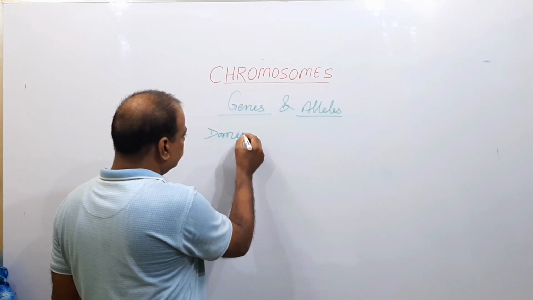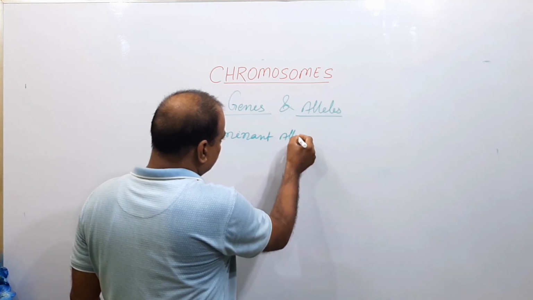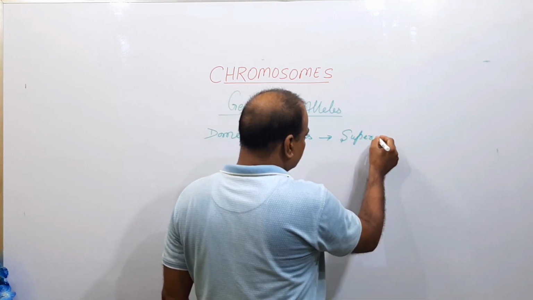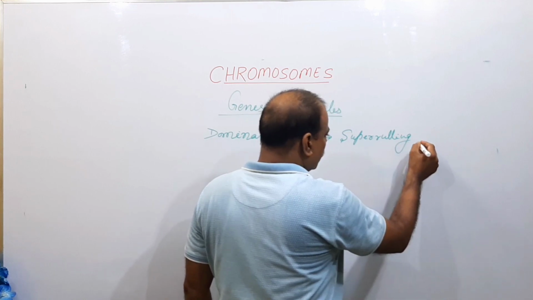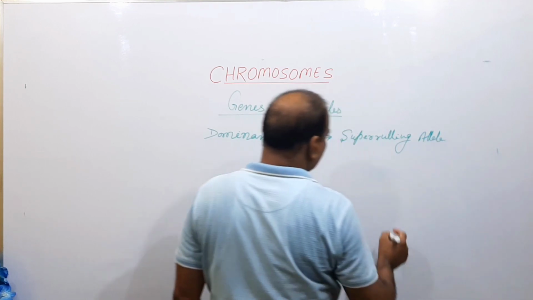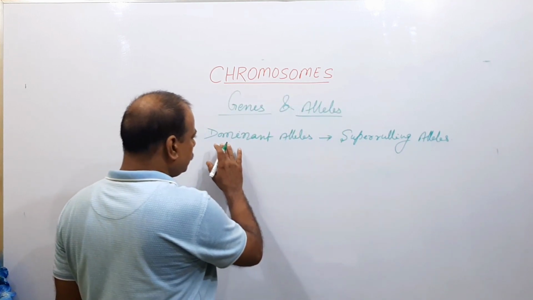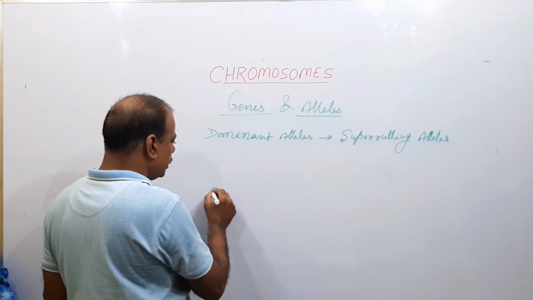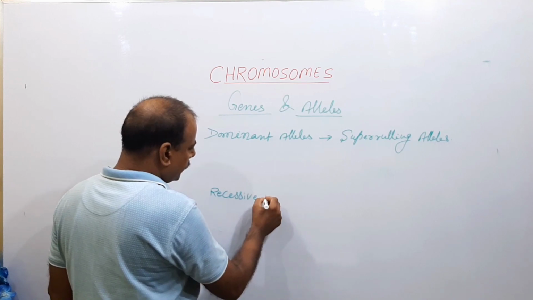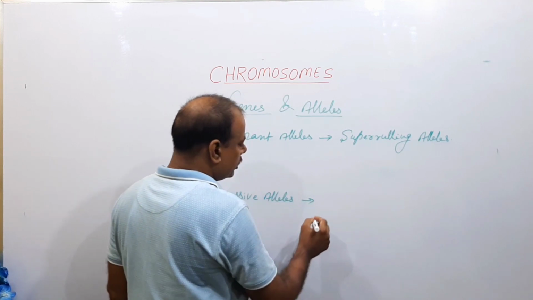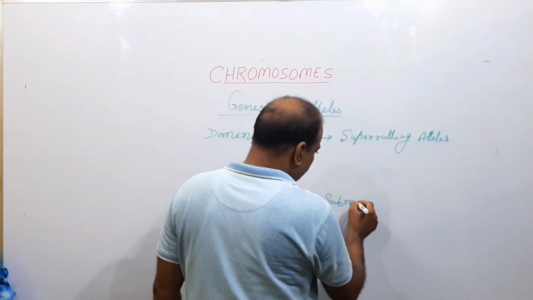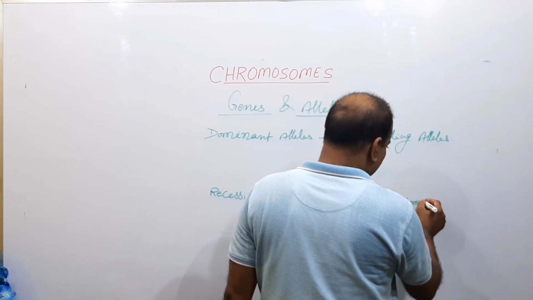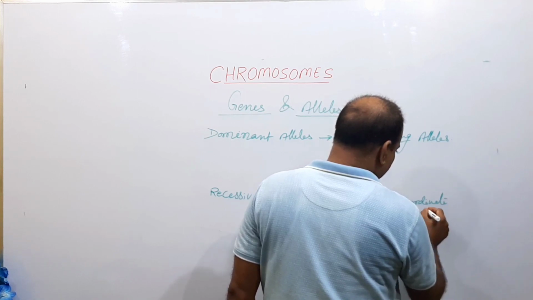So dominant alleles mean superruling alleles, whereas recessive alleles mean submissive or subordinate alleles.